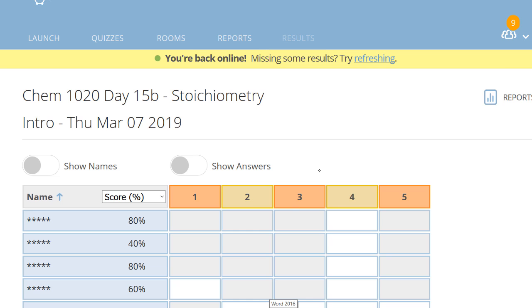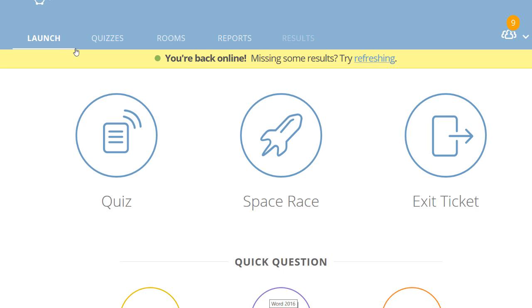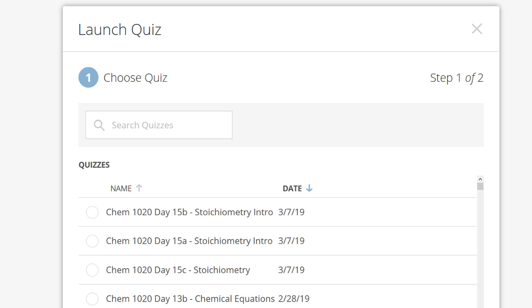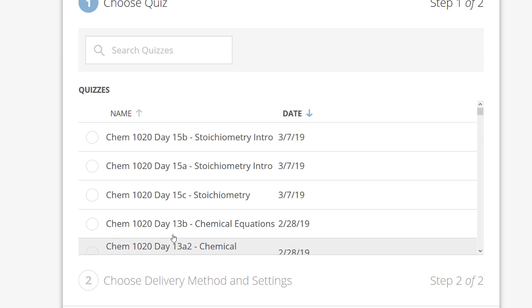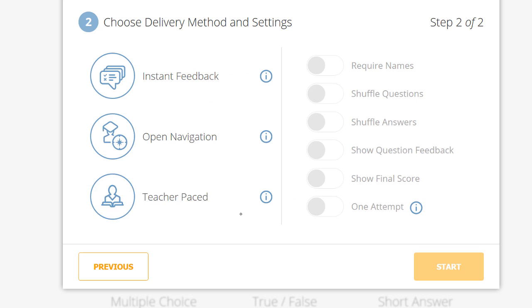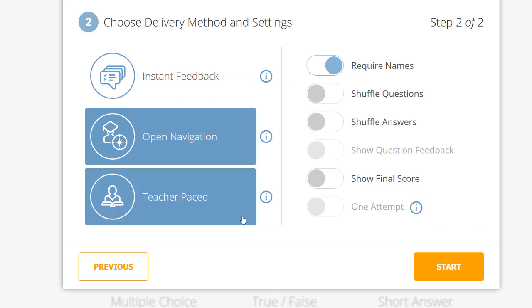And these are all going to show up in your Socrative app. I'm going to put them up on the board here as well.